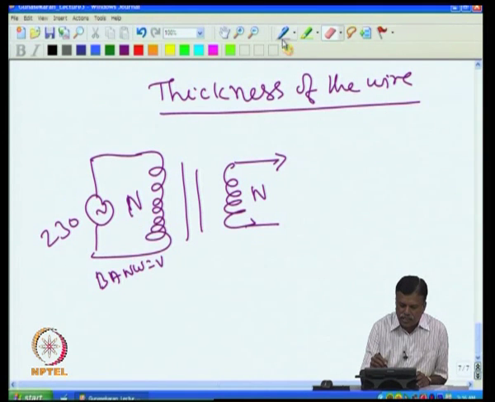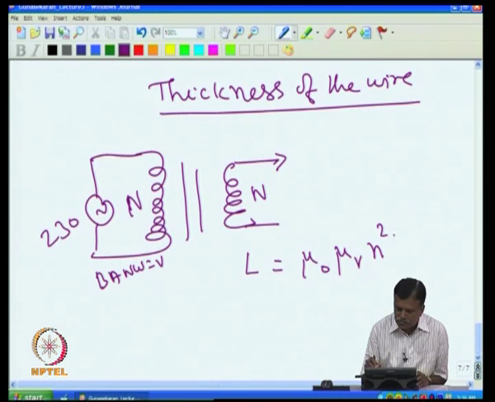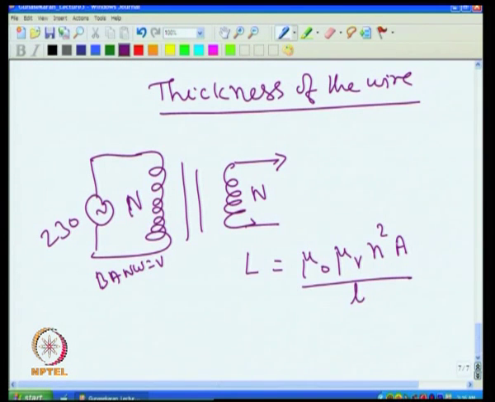Now, why is that current coming? There are two ways of looking at it. If I have N number of turns, then I know the inductance of the primary is given by this. A is the area of the core, as I had shown you what the area actually is. So, this is the area of the core.